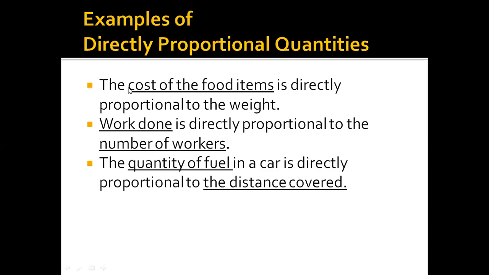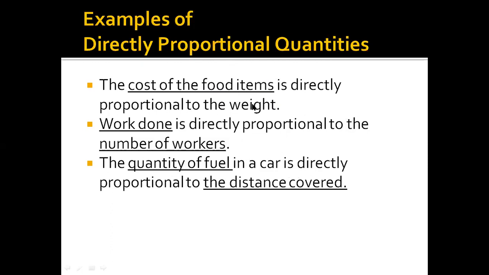Number 1, the cost of food items is directly proportional to the weight. When you buy more food items, the weight will increase. Due to this increase in the weight of the food items, the cost will increase. Now, let's suppose you are going to buy fewer food items.